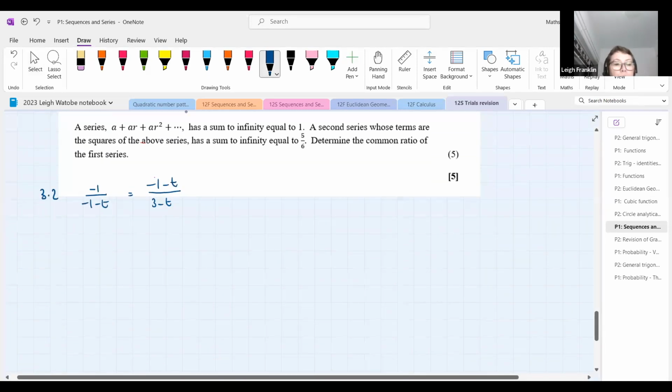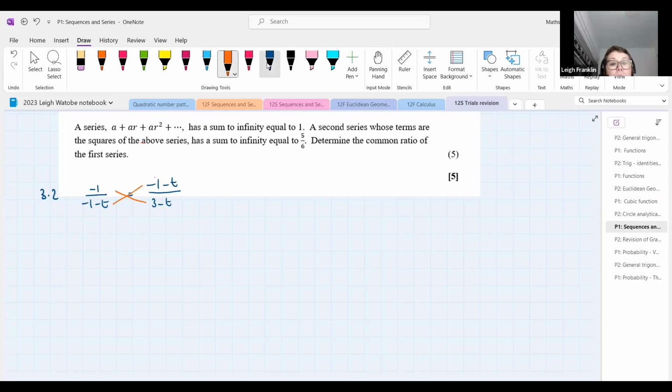Now we would need to cross multiply. So we're going to take -1 into 3 minus t, which is equal to -1 minus t multiplied by itself. This gives us -3 plus t is equal to -1 times -1 is 1, then it would be plus t, so that would be 2t plus t squared.